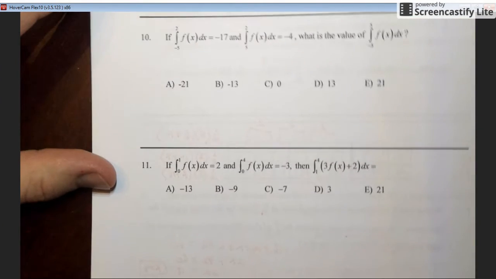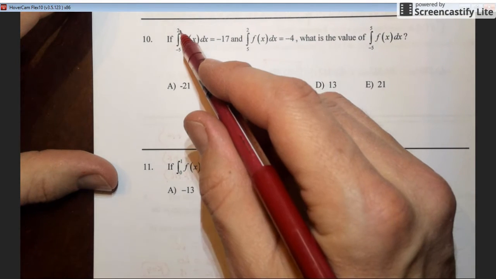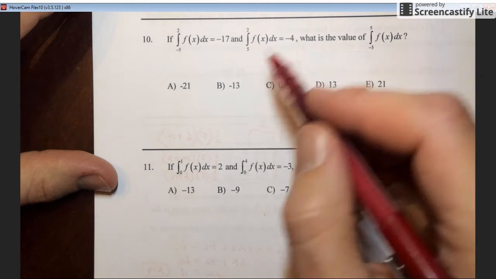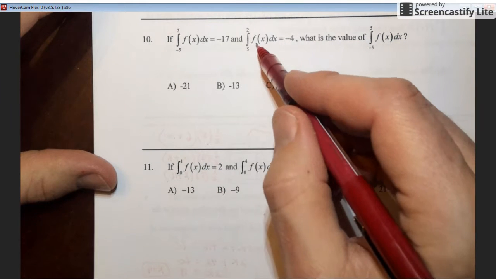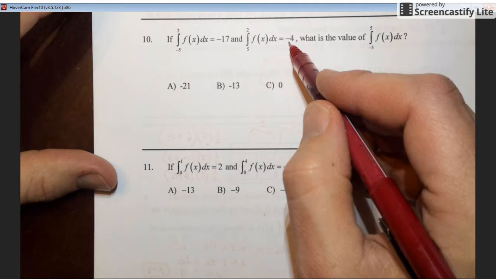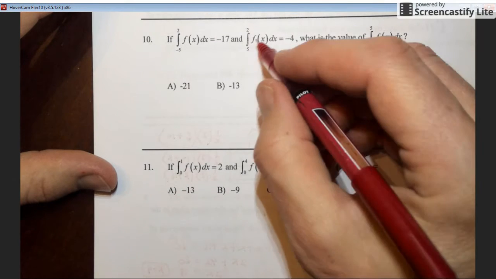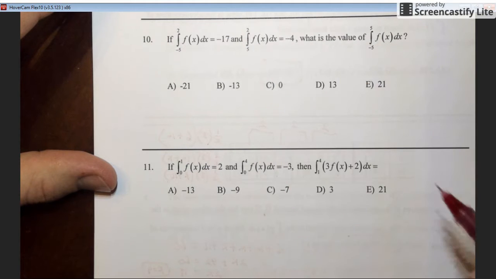Okay, number 10, we see the integral from -5 to 2 of f of x is equal to -17. That's fine. We also see the integral from 5 to 2 of f of x dx is equal to -4. Hopefully this triggers your spidey sense. You should see this and say, wait a minute, the bounds are wrong.